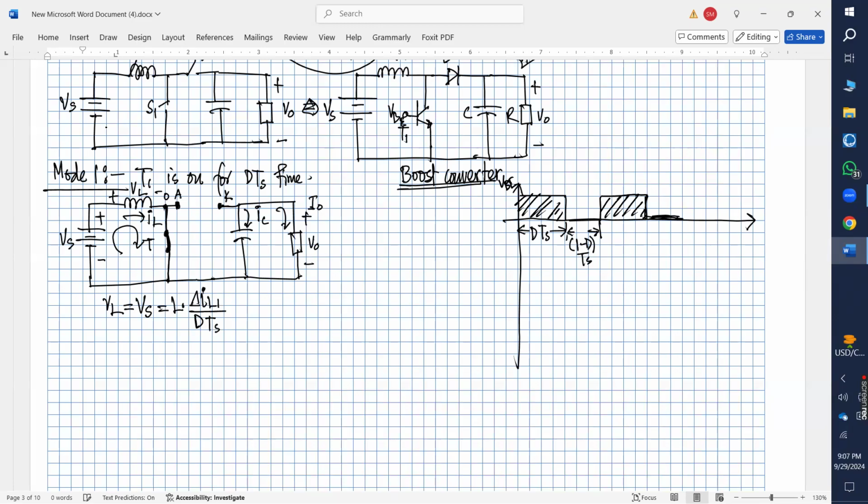So del IL1 would be equal to Vs over L multiplied by D multiplied by Ts, right? My Vs is constant, L is constant, so the current will ramp at a constant rate, right?